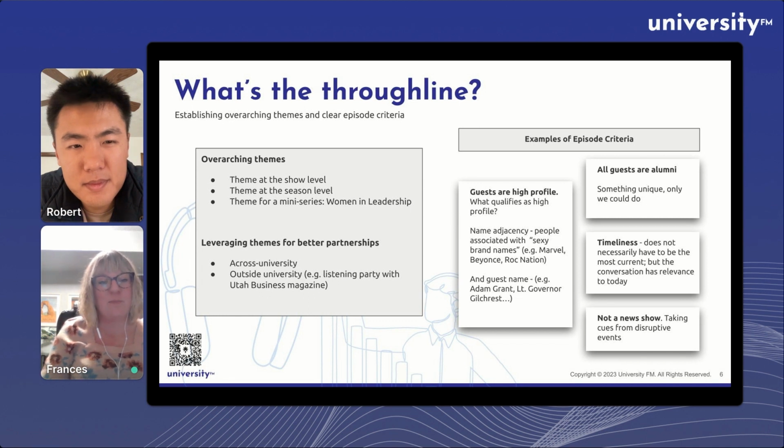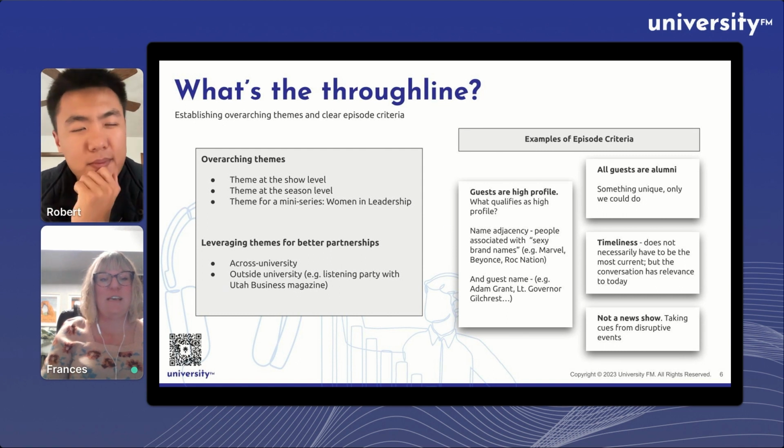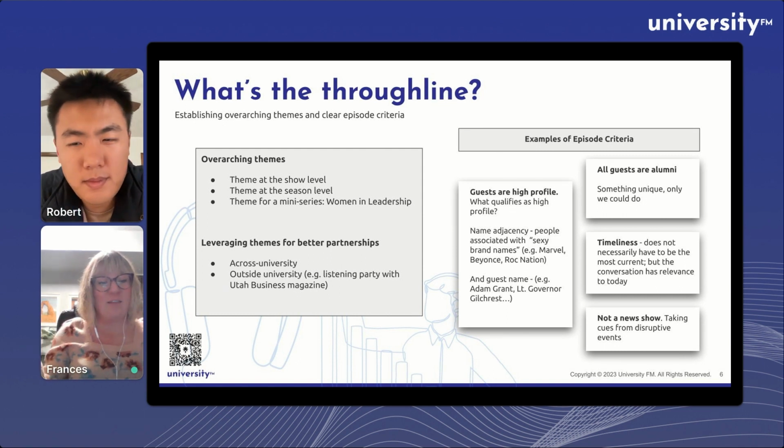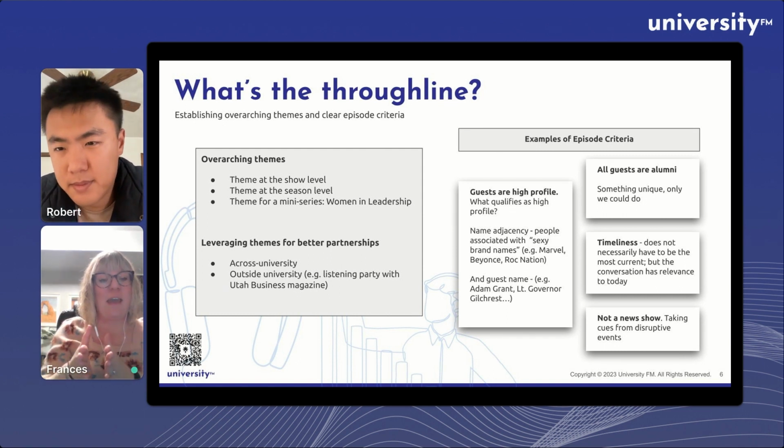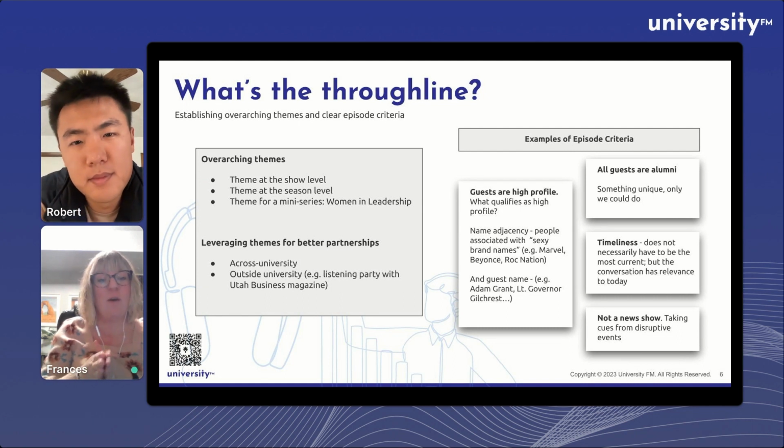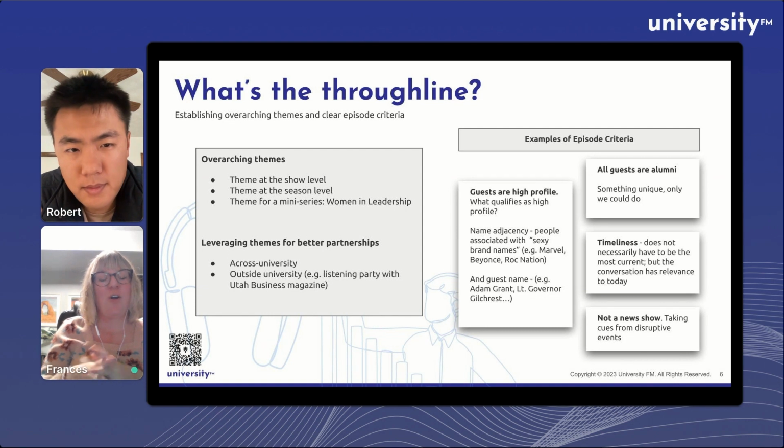So we stuck with that pretty broad theme and found some different angles to approach it through the different kinds of episodes. More recently, we've been experimenting with this idea of, within that large theme, picking a very micro theme for the podcast. Our current theme is empathetic global citizenship, which is very much tied to the work that the Eccles School is doing now in the equity, diversity, and inclusion space.